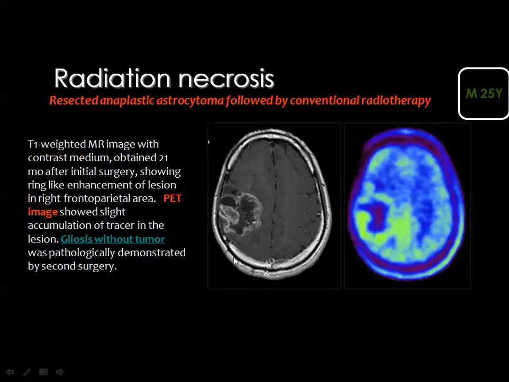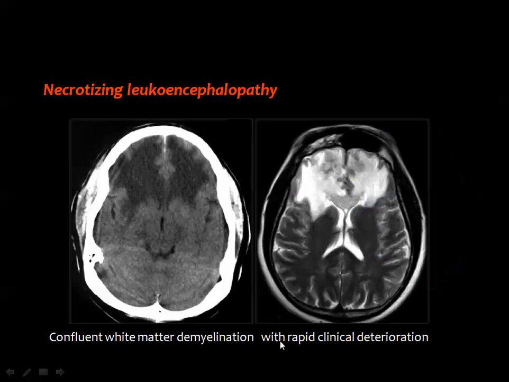And the follow-up scan showed a lesion which is not discriminated from glioma. You see heterogeneous contrast enhancement and some sort of surrounding perifocal brain edema. But the PET scan showed that there is no uptake within the lesion, denoting that this is radiation necrosis and not a tumor recurrence.